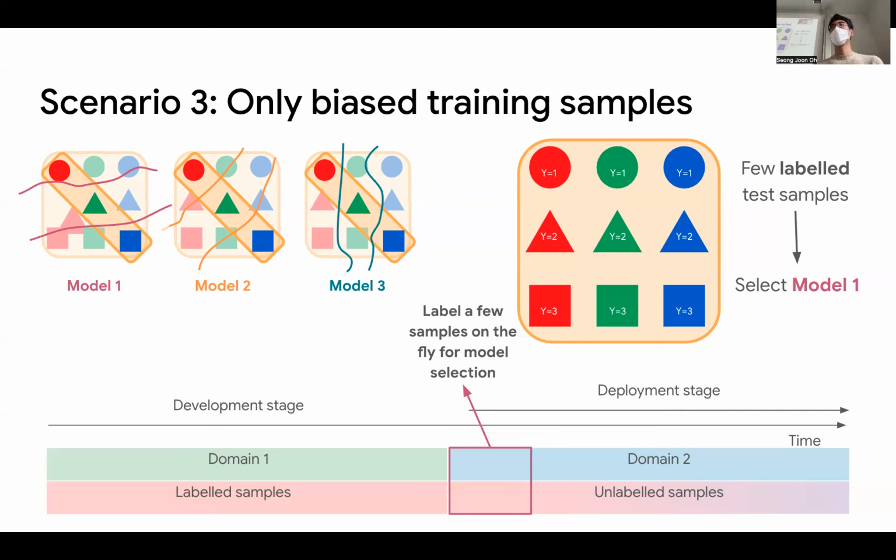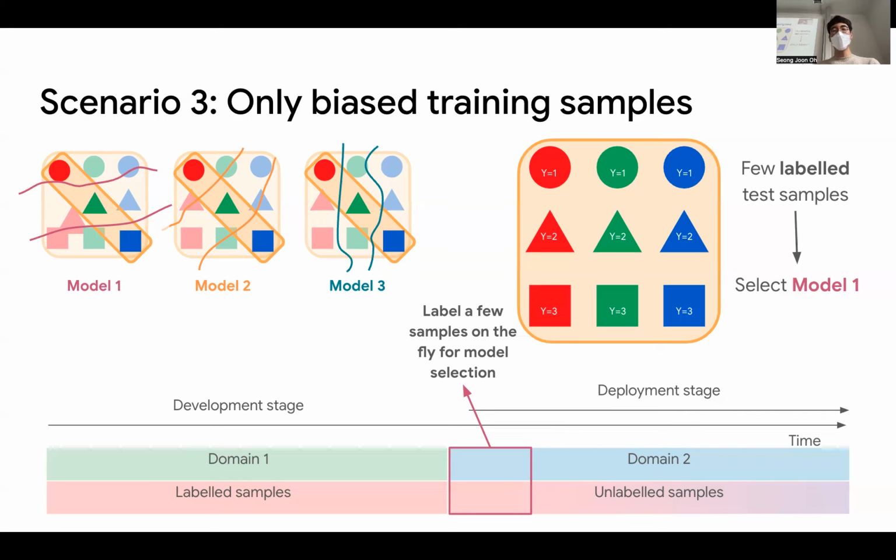I have a kind of basic question, but could you maybe explain the difference between this and having unbiased training samples? Yeah, that's very similar. Having labeled samples from the second domain or having unbiased. Right. Yeah, that's a great comment. I noticed that too, and I agree with you that it's the same.